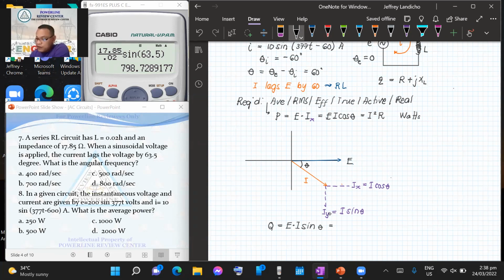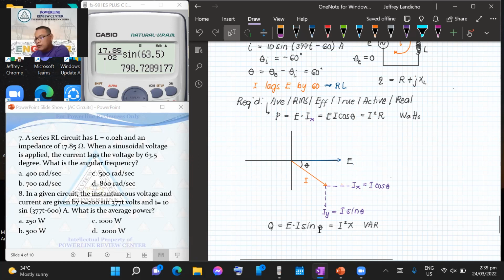Why is it var? This is also the same as the power absorbed by the reactance, which is measured in var. So why var? E is for voltage, V, I is for ampere.